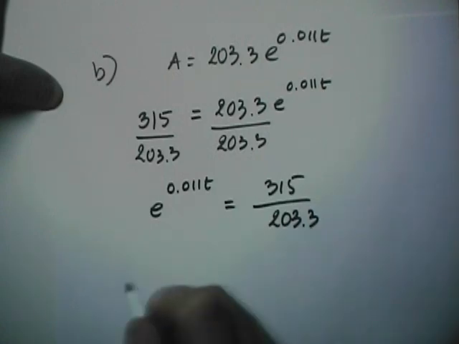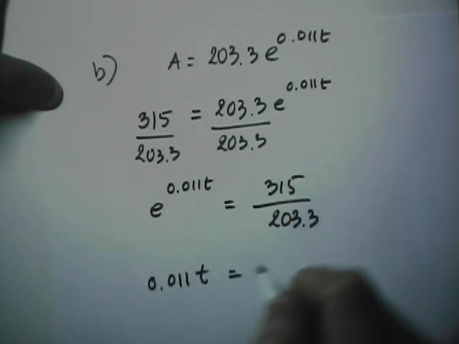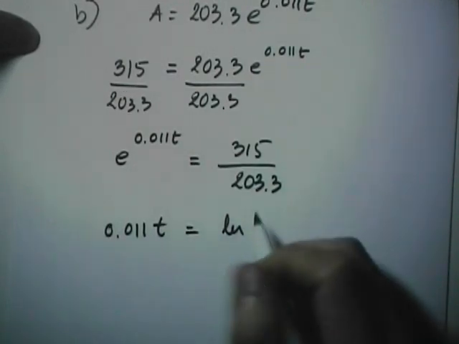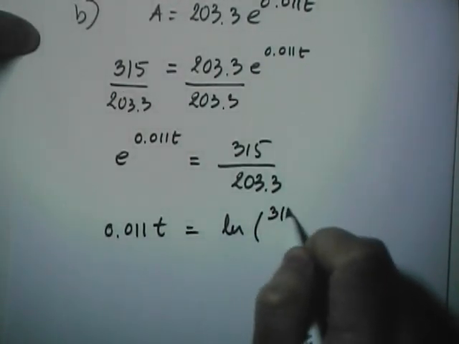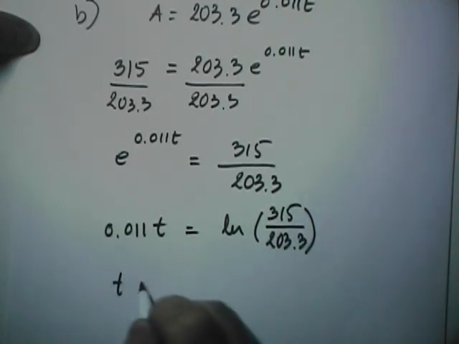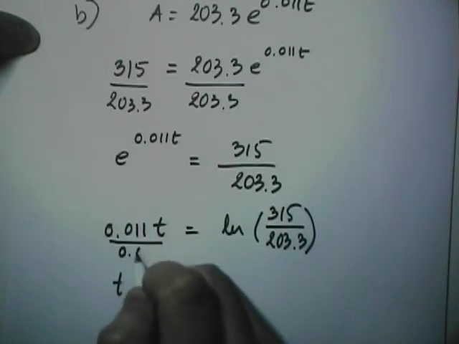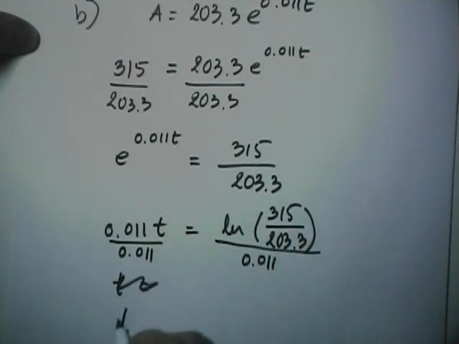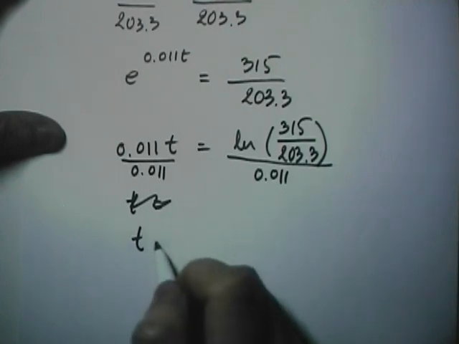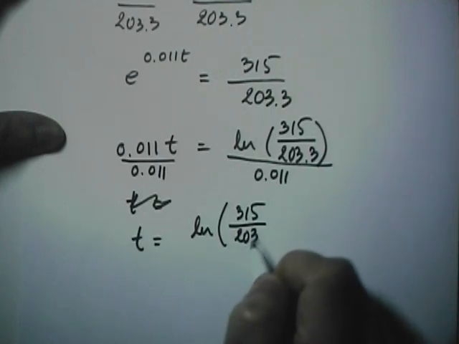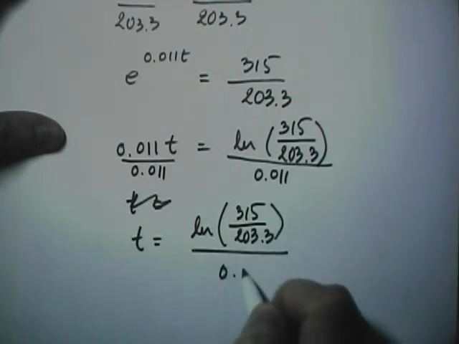To solve for t, 0.011t is equal to the natural log of both sides, 315 over 203.3. Then I'm going to simply divide both sides by 0.011. So my t value is going to be the natural log of 315 over 203.3, and all divided by 0.011.